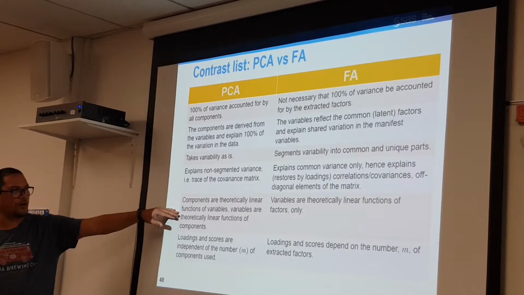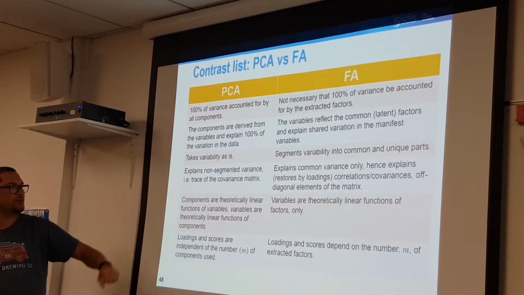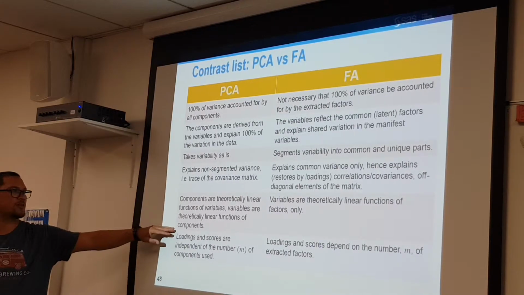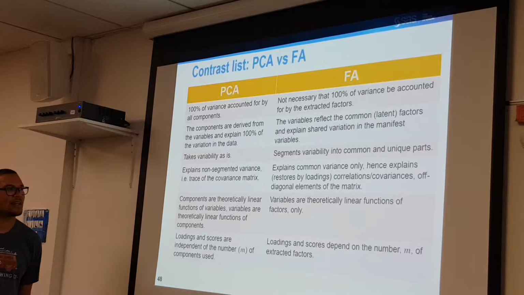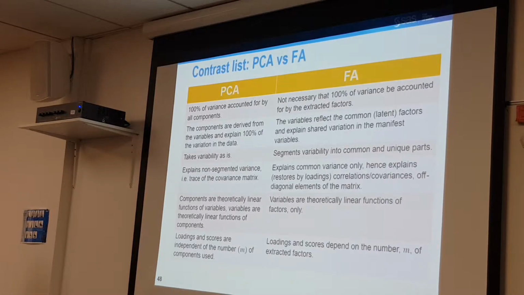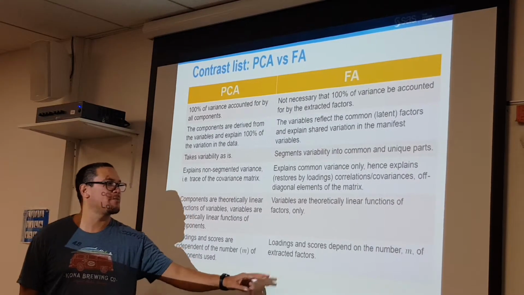Obviously, for a PCA, the components that we get are theoretically linear functions of the variables, and the variables are linear functions of the components. For a factor analysis, the variables are theoretically linear functions of the factors, these underlying constructs only. In a factor analysis, the loadings and scores depend on the number of extracted factors.